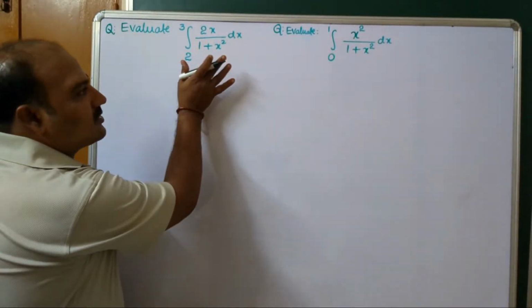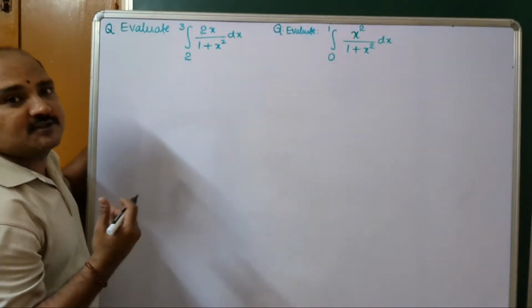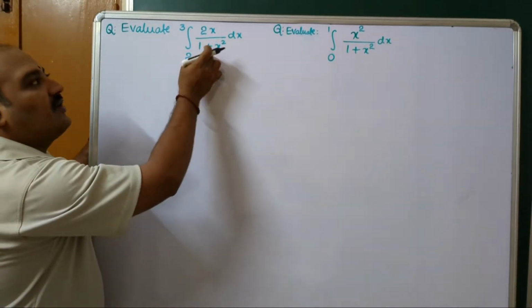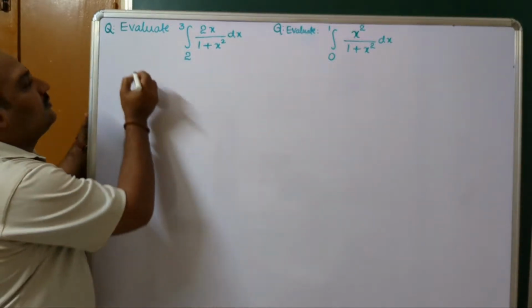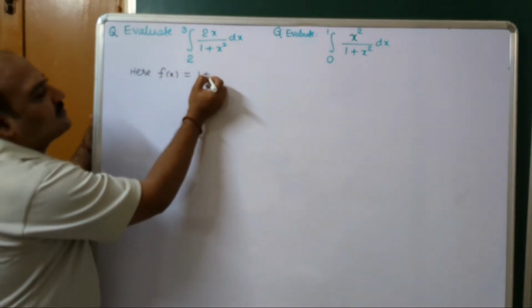In this question, if you observe, 1 plus x square is f of x, whose derivative is there in the numerator. Here f of x is equal to 1 plus x square.